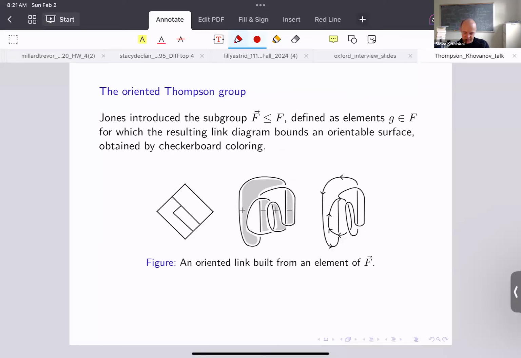Again, going back to the work of Jones, there is a subgroup which he called the oriented Thompson group. This subgroup is usually denoted as F with an arrow, and it is a subgroup of the Thompson group F. There are a couple of equivalent definitions. One of them is that this is the set of all elements of the group F such that when you go through his construction, you get a link diagram that bounds an orientable checkerboard colored surface.